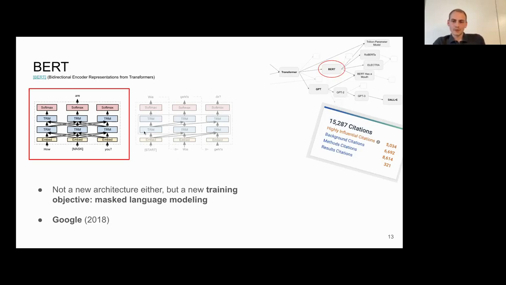And similar to GPT, it is largely based on a transformer. In fact, it's using, just like GPT, a part of the transformer architecture, and only introduces a new training task. So you see, again, here's the entire transformer architecture. Previously with GPT, we've been using the decoder on the right-hand side, and now BERT, marked with the red rectangle, is using the encoder.